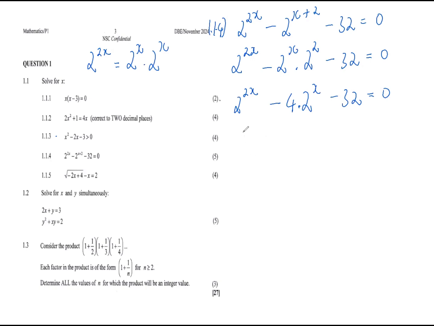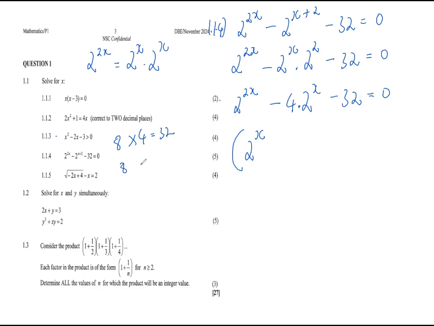So I can just factorize this by saying each bracket will have 2 to the exponent of x. Now, I want the factors of 32. These factors of 32, when you multiply them, they must give you 32. But then when you subtract them, they must give you 4. What are those factors? We can say the factors are 8 and 4, right? 8 multiplied by 4 will give us 32.